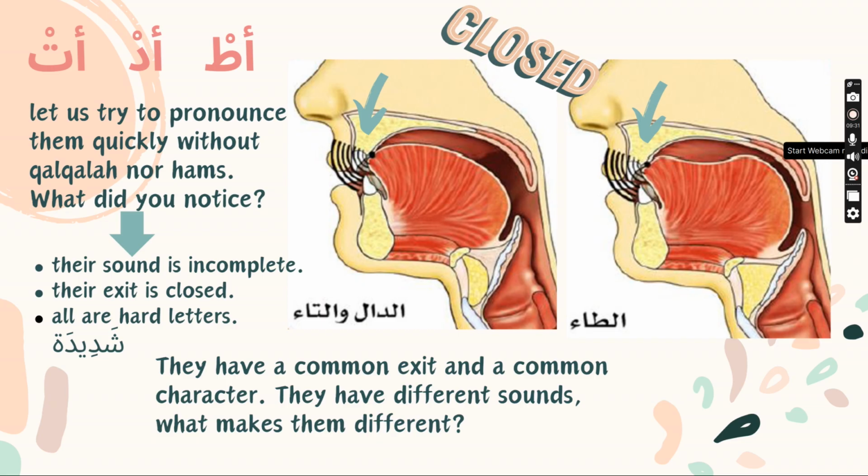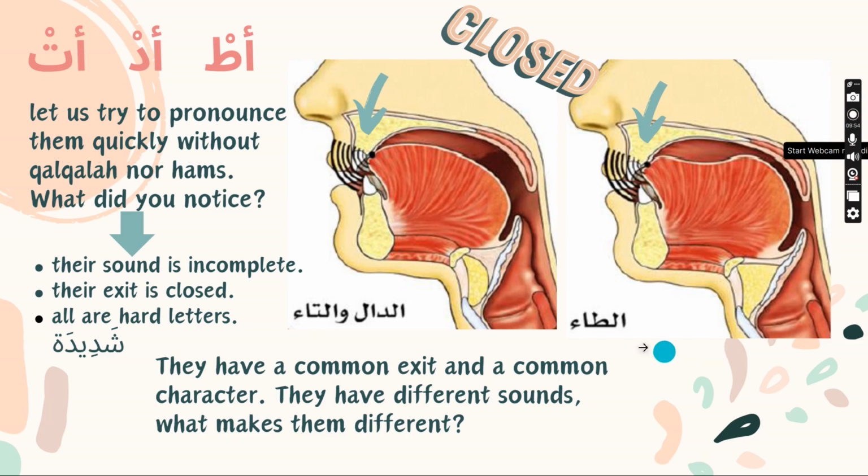Let us pronounce them quickly without qalqala, because the ta has qalqala. The letters that are shadida, where the makhraj closes, they have qalqala, okay? And or hams, right? Let's pronounce them.